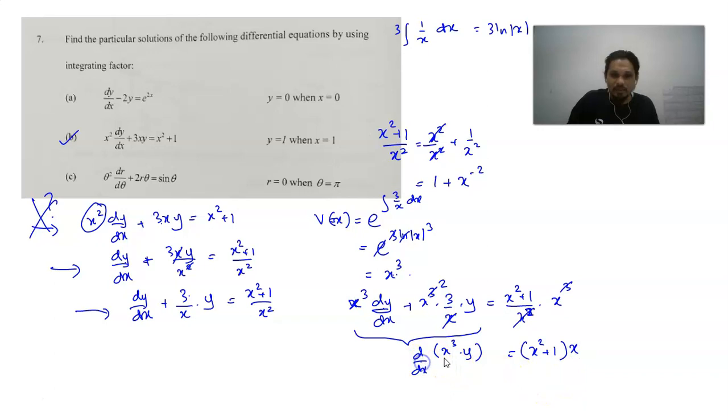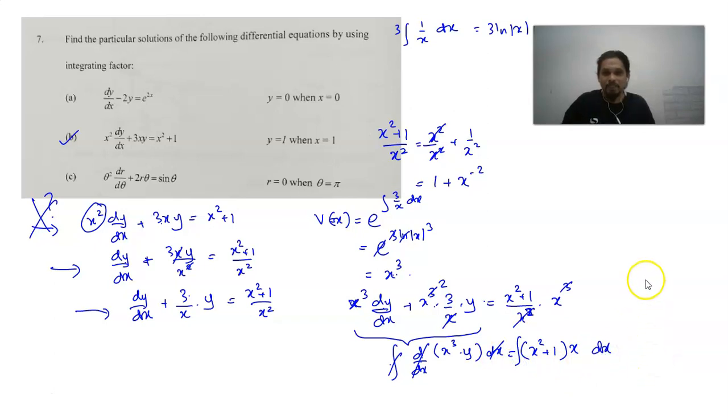So the derivative of x cubed times y gives you this. Then integrating with respect to x, differentiate and integrate cancel each other.